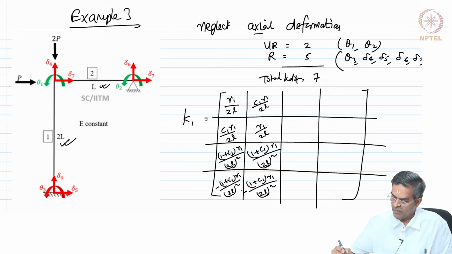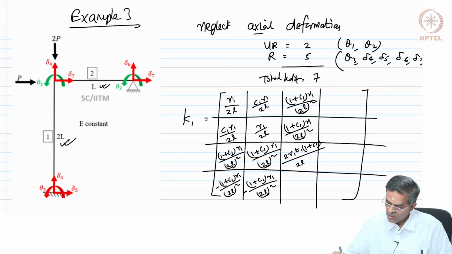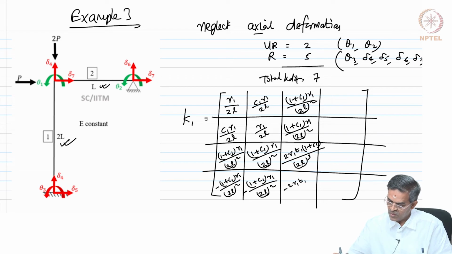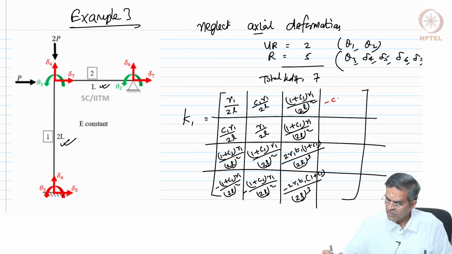The third column will be 1 plus C1 R1 by 2L the whole square. The third one is 2 R1 T1 1 plus C1 by L cube. So, I should say 2L the whole cube and negative of this. The fourth column, of course, is negative of the third column.